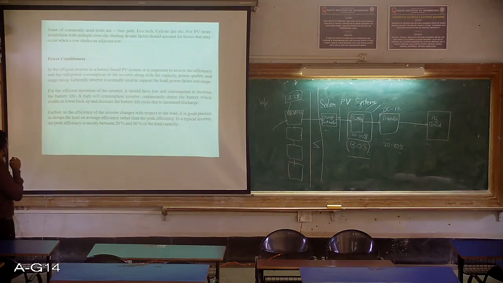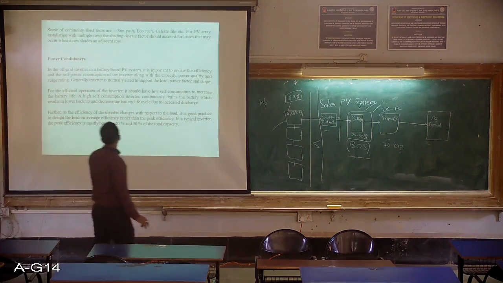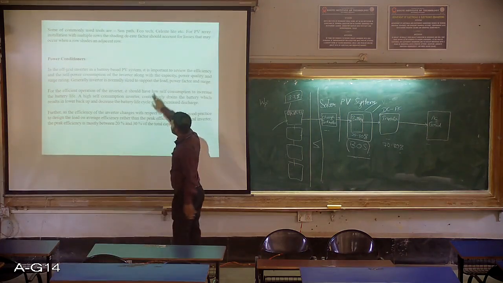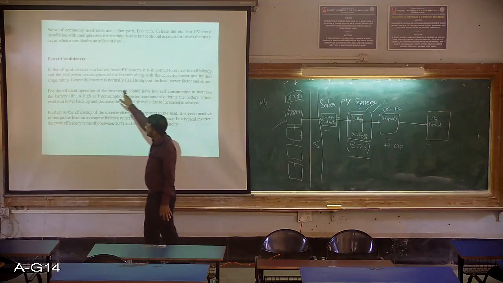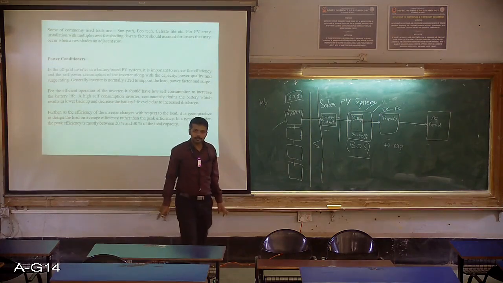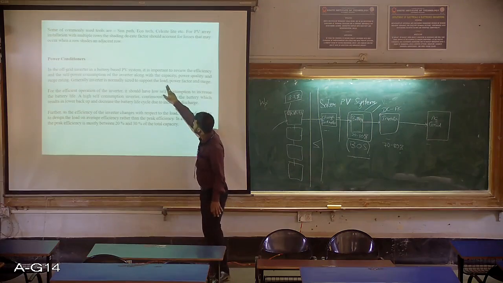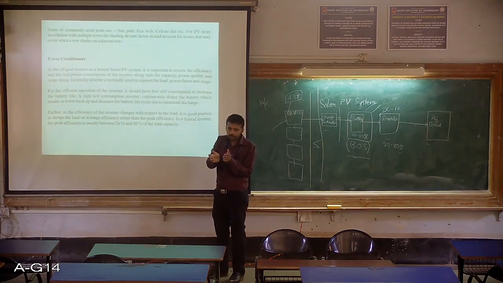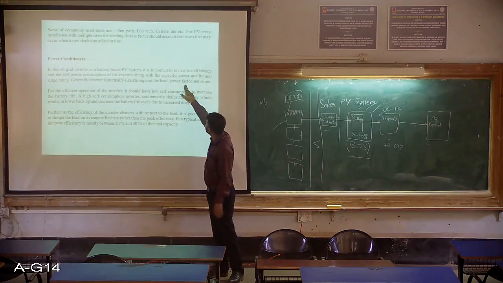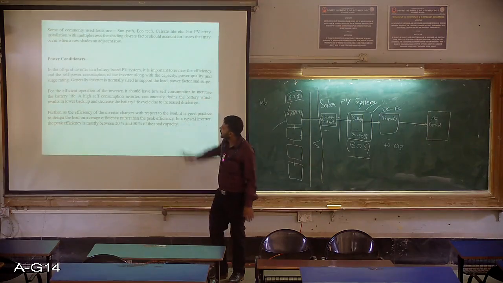Generally, the inverter is sized to support the load, power factor and surge. Normally, when selecting the inverter, we should always consider the load. Depending on the load we should select the size, and then the power factor and the surge.